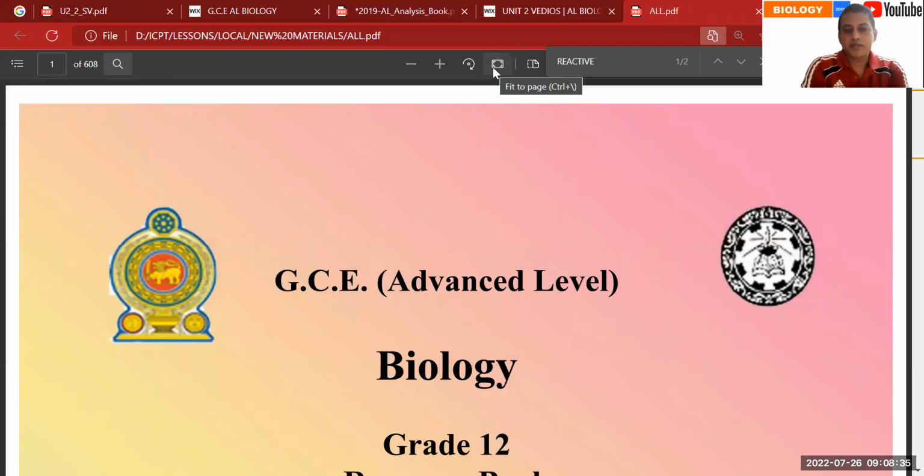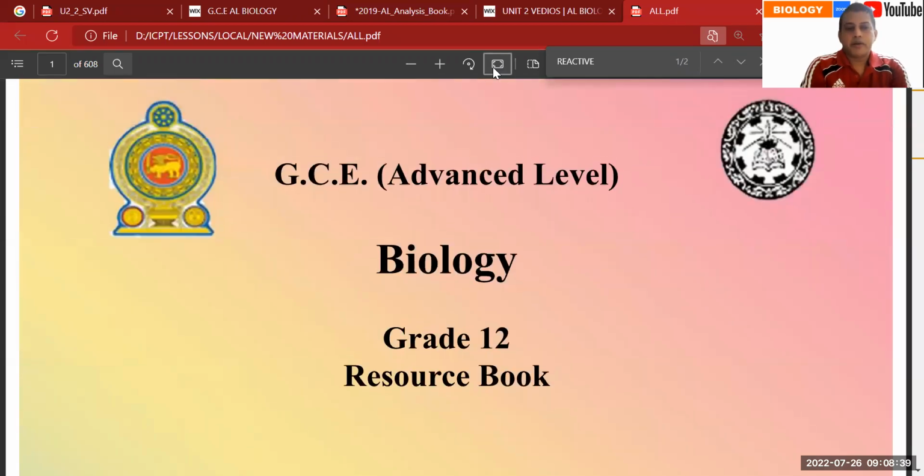You have to rely on this resource book because what we are learning, everything is taken from the resource book. There are few cases we included the little things, but 98% is from the resource book. So you have to really use it.